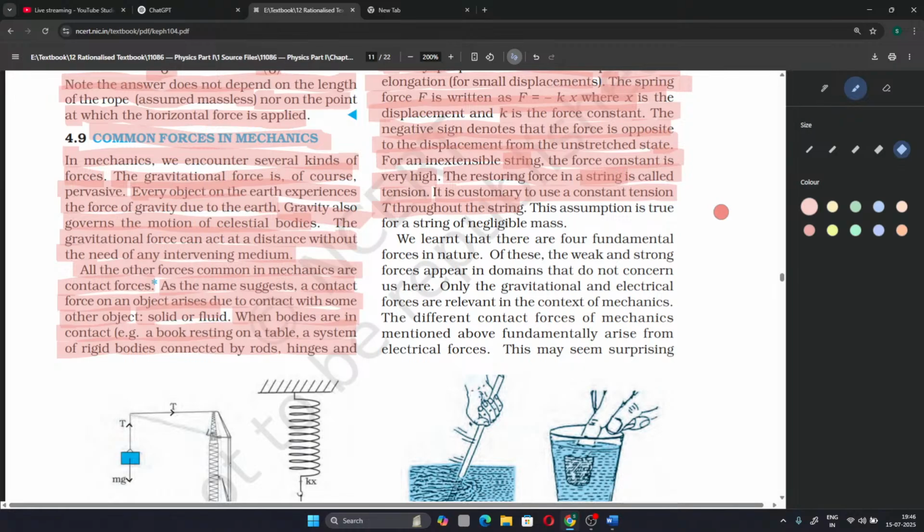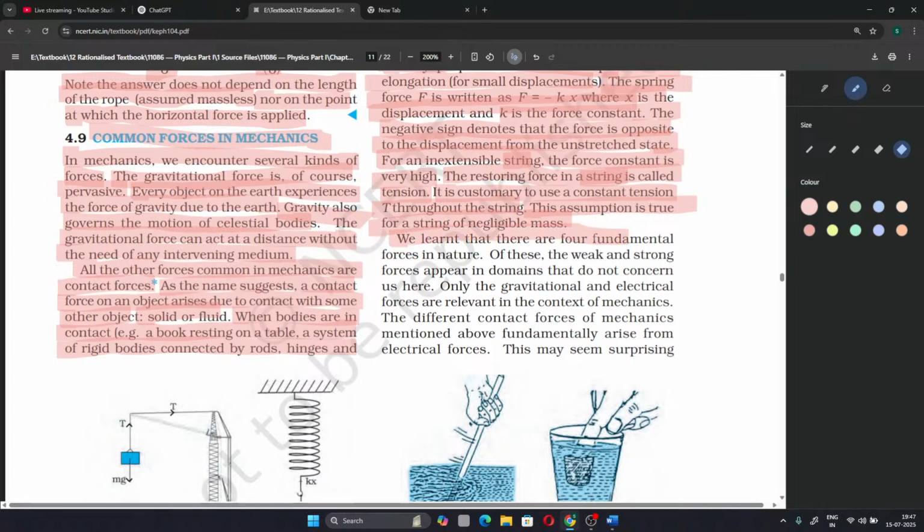This assumption is only true if the rope is of negligible mass. There is always a certain amount of difference in tension in reality, but in the ideal situation where the rope is massless, the tension is constant throughout the rope.